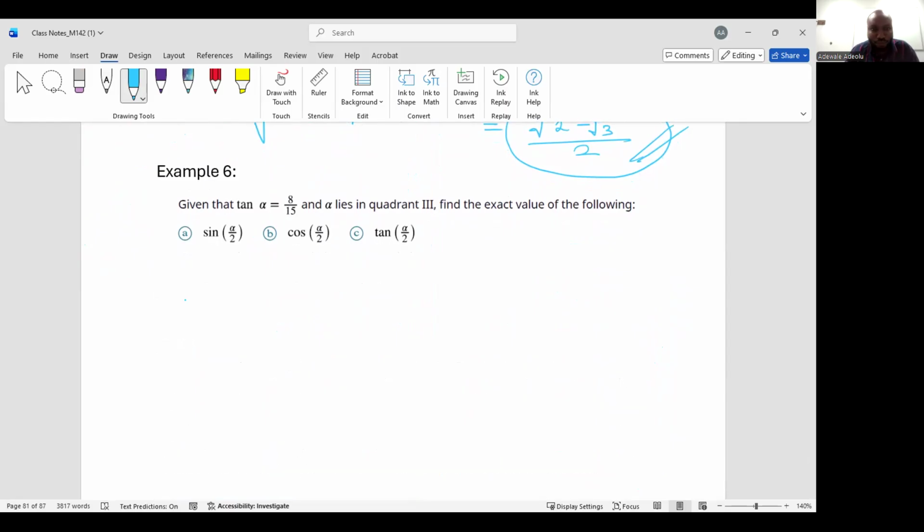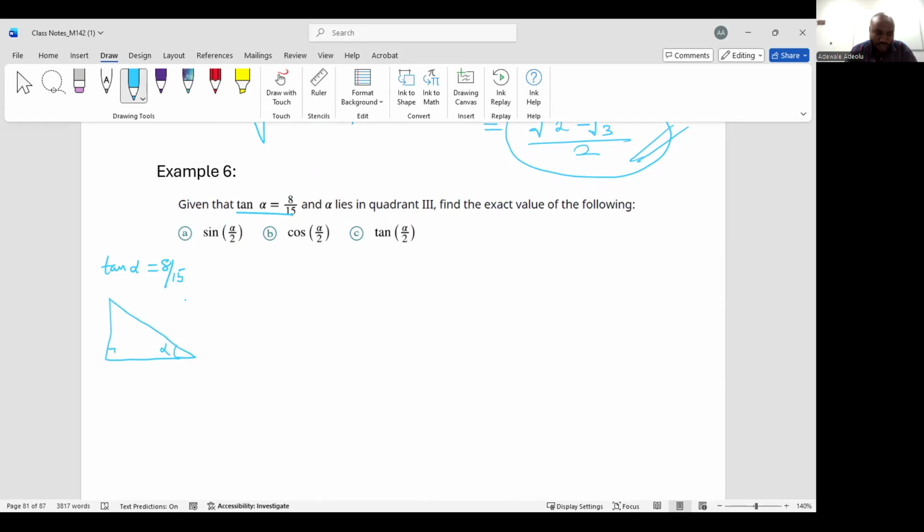Let us solve more examples. Given that tangent of alpha is 8 over 15 and alpha lies in Q3. With that, we know that we can do this.